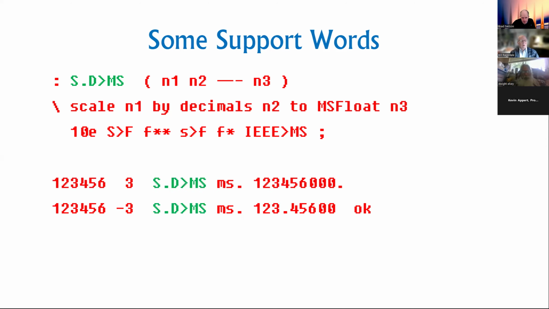If we input 1, 2, 3, 4, 5, 6, and then say we want to shift 3 decimal places, the S.D to MS, and then display it, we see that sure enough, we have our 1, 2, 3, 4, 5, 6 followed by 3 zeros. If the exponent is specified as negative, we go through the whole process, and now the decimal point has been shifted 3 places to the left.